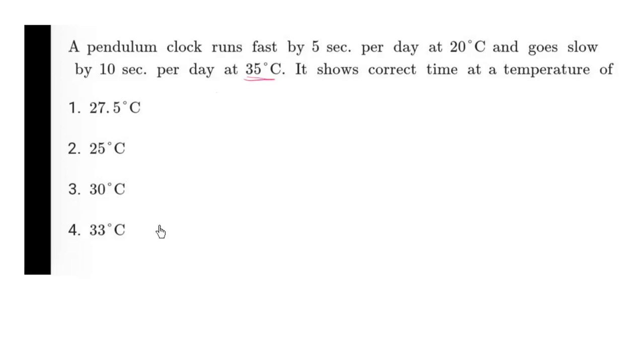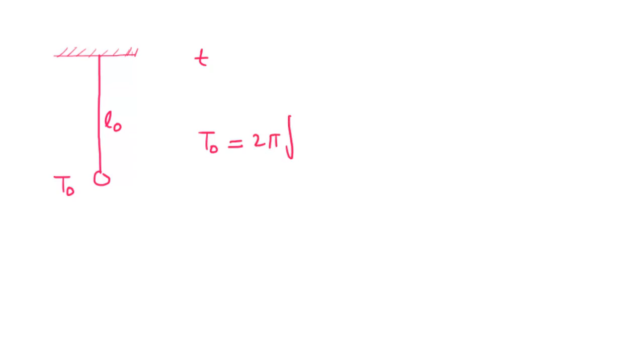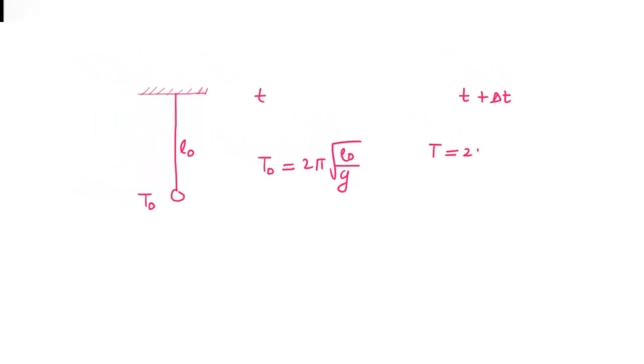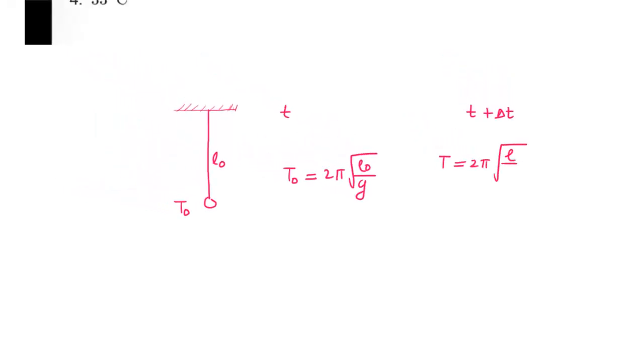So by what theory? This is a pendulum, and at temperature T its length is L naught and its time period is T naught. So T naught equals 2 pi under root L naught by g, and at temperature T plus delta T its time period will be T equals 2 pi under root L by g.